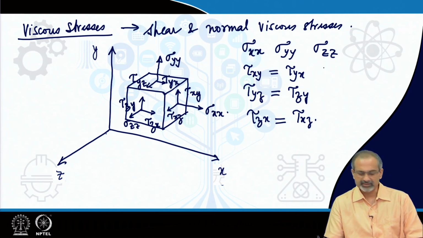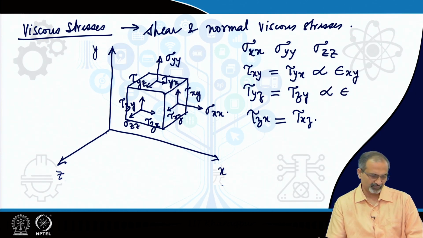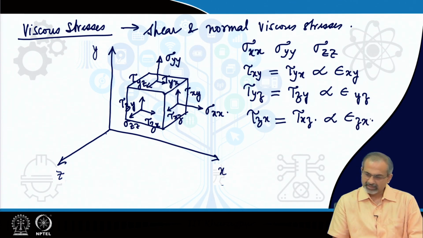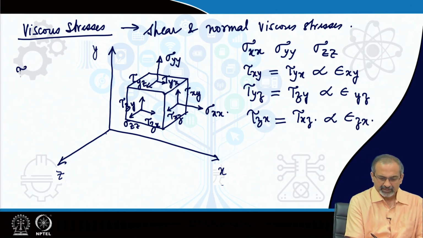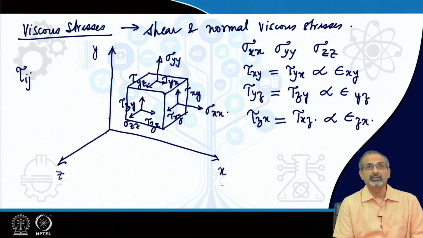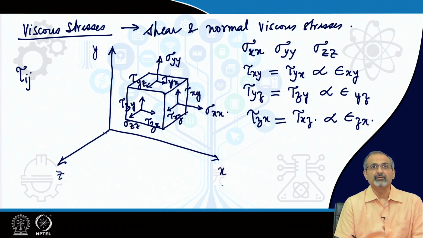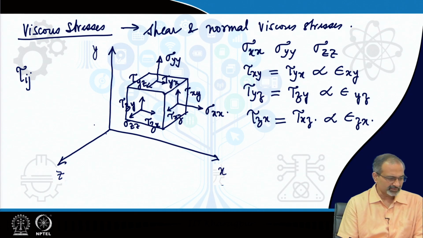Incidentally, these shear stresses are proportional to the strain rates, which we discussed in an earlier lecture. Additionally, there is a nomenclature associated with all these shear stress directions that we are talking about.